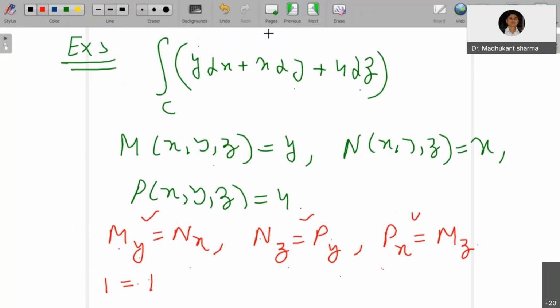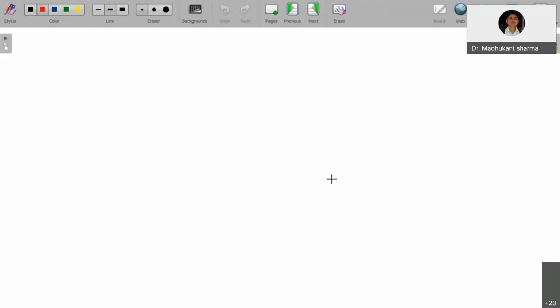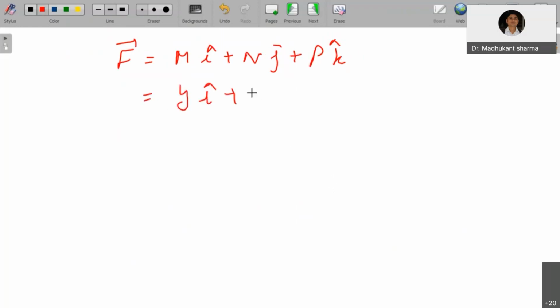Okay. Now the differential is exact, so you can find out the potential. F equals Mi plus Nj plus Pk. Even though at present I can straightforwardly write the potential here, let's do the practice here.